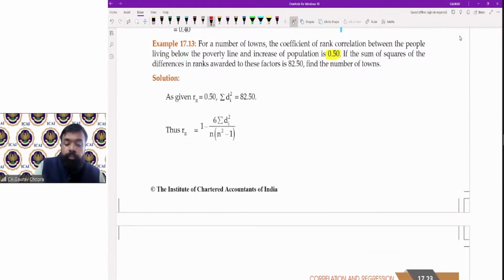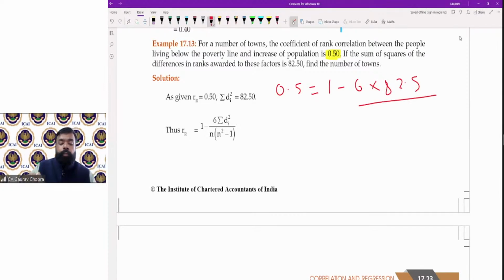So 0.5 is r, 1 minus 6 sigma d square, which is 82.5, upon n into n square minus 1. Okay.